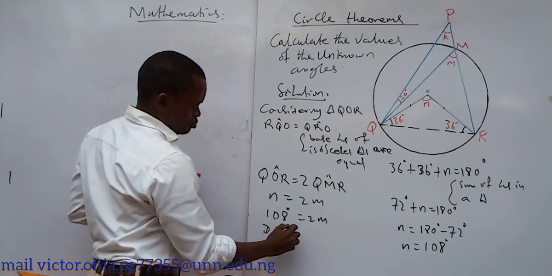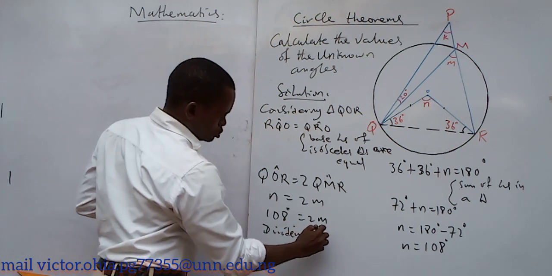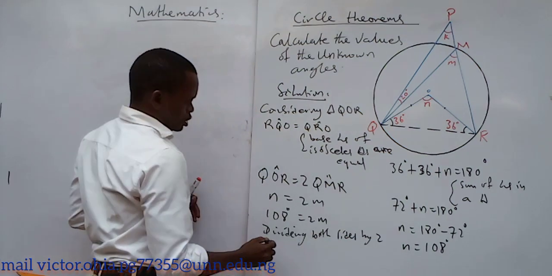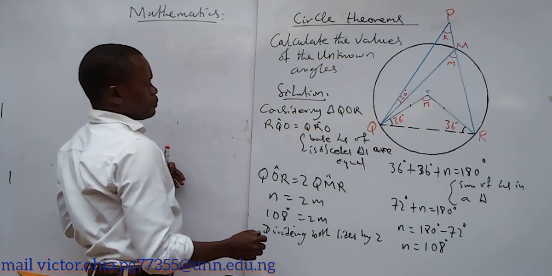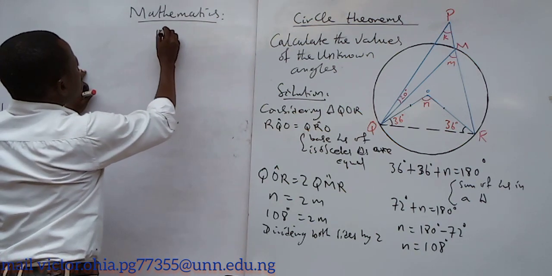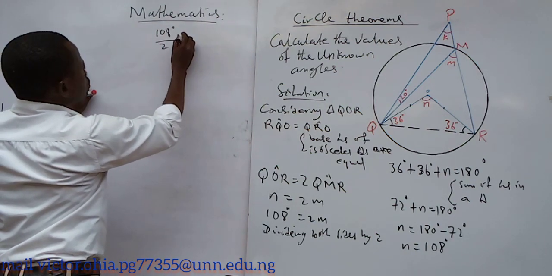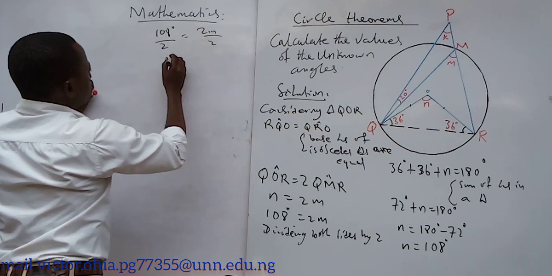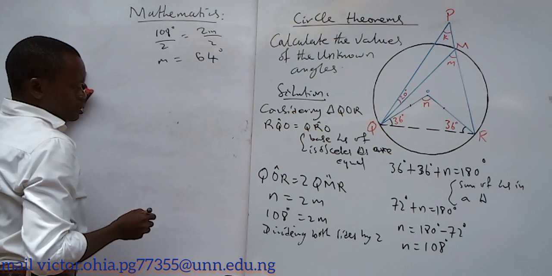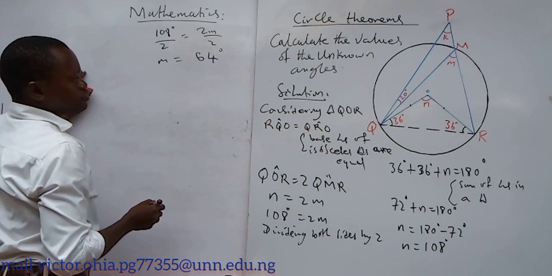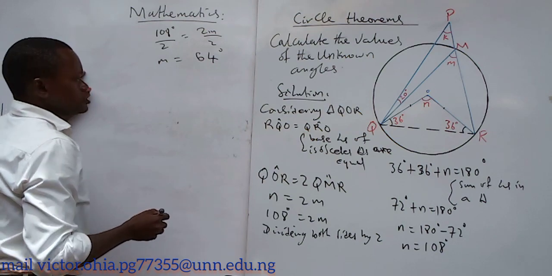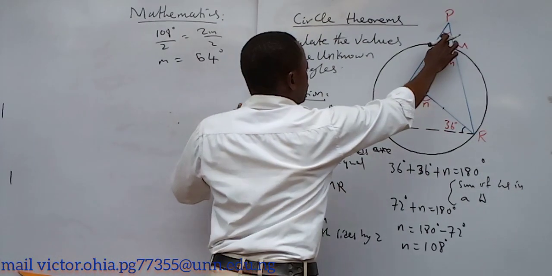Dividing both sides by 2, you can now realize that 108 degrees over 2 is equal to 2m over 2. It then means m is equal to 54 degrees. M is 54 degrees.